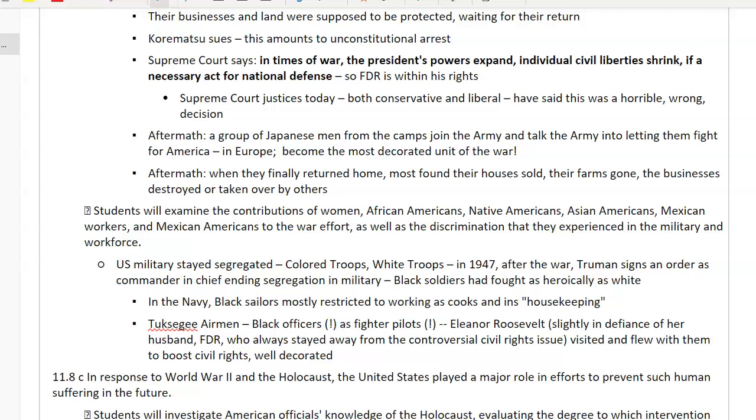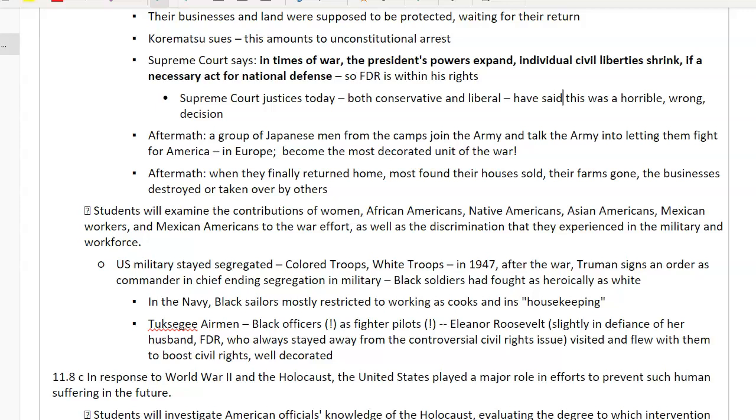They did let them fight in Europe. Ironically, there were actually two Japanese battalions that served, and they became the most decorated units of the war. There were more medals of honor, silver stars, bronze stars per person in those units than any other, which kind of gives the lie to this whole thing that we couldn't trust them.